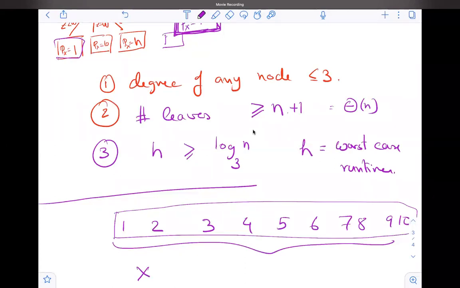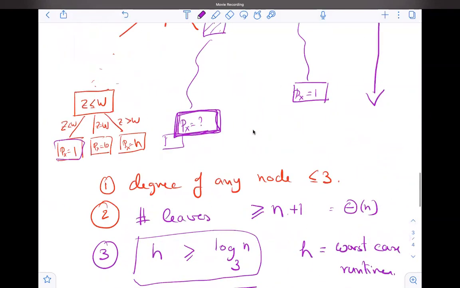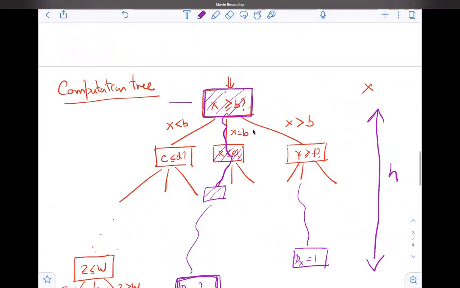Sir, how come the 3 in the log n base 3? I cannot understand the 3. Okay, so how many nodes are here? One. How many nodes are here in this layer? Three.